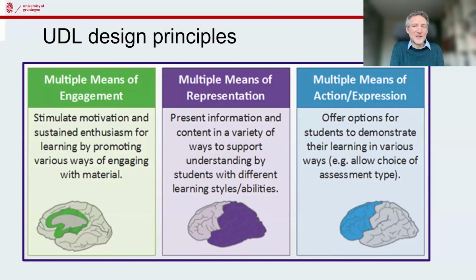There's the multiple means of engagement, or sometimes the why of learning, which underscores the need for learners to be motivated and to know the purpose of their learning. You can also think of this as enhancing enthusiasm for learning. Then there's the multiple means of representation, sometimes the what of learning, which promotes consideration of how information is provided and the ways that students actually encounter it. We might also think of this as the knowledge for learning. And then finally, the multiple means of action and expression, which sometimes is the how, supporting students in becoming goal-oriented and strategic learners.